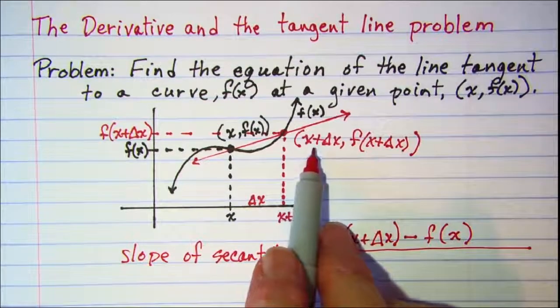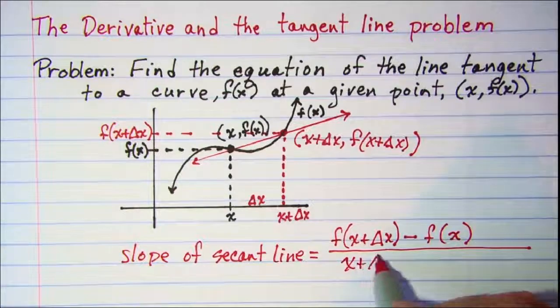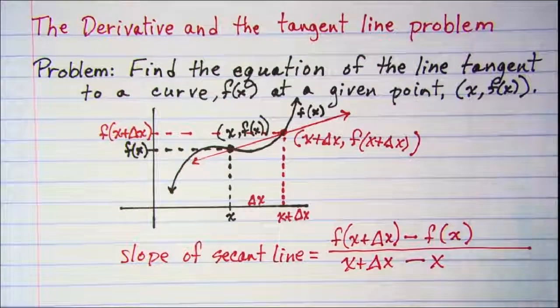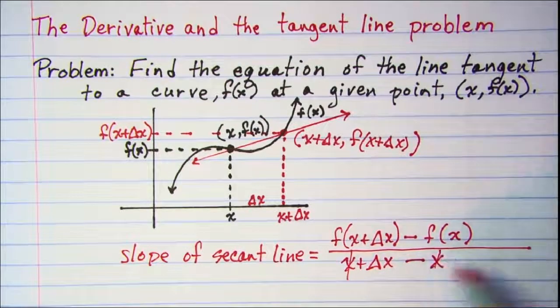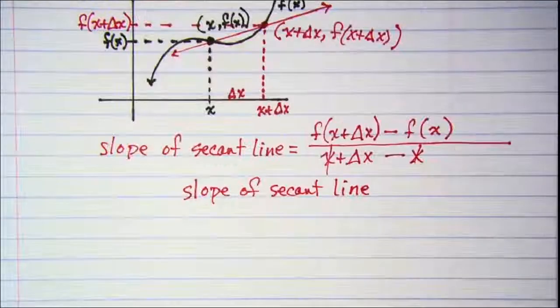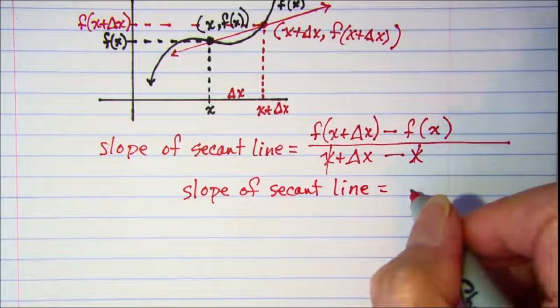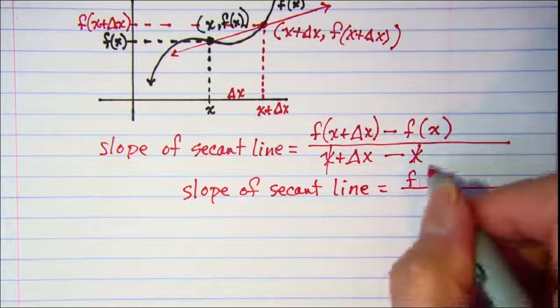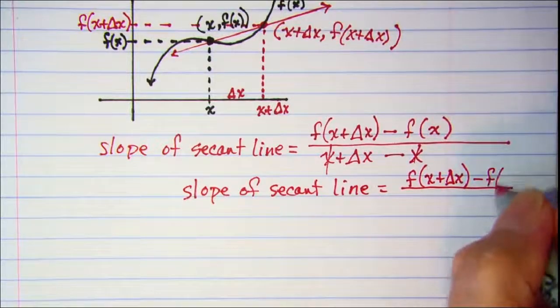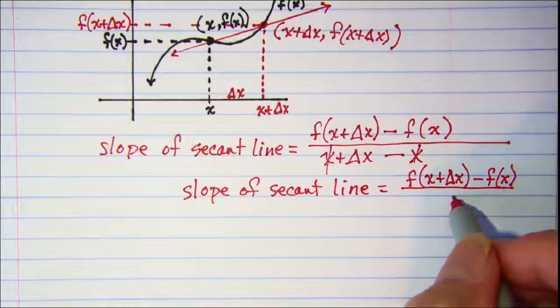And in the denominator, we'll have x plus delta x subtract x. Now this simplifies, these x's will cancel here. So the slope of the secant line will be f of x plus delta x minus f of x divided by delta x.